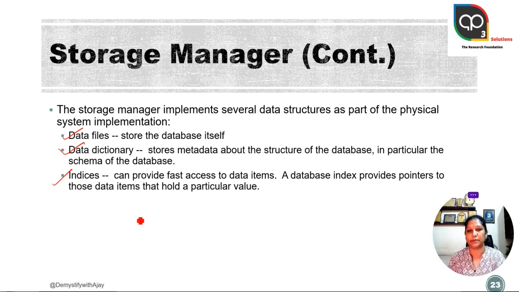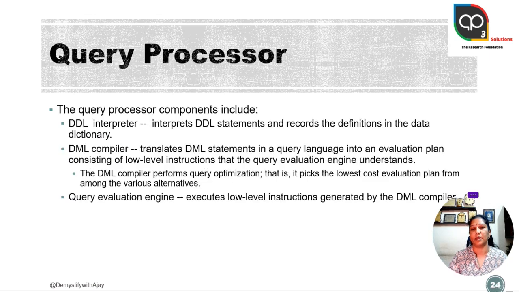These are lookup tools, just like an index in a book that helps you find a topic faster. A database index helps locate records quickly. For instance, if you're searching for a student by ID, the index can jump to the exact row without scanning the entire table. So these structures are essential for achieving fast, reliable performance and scale.